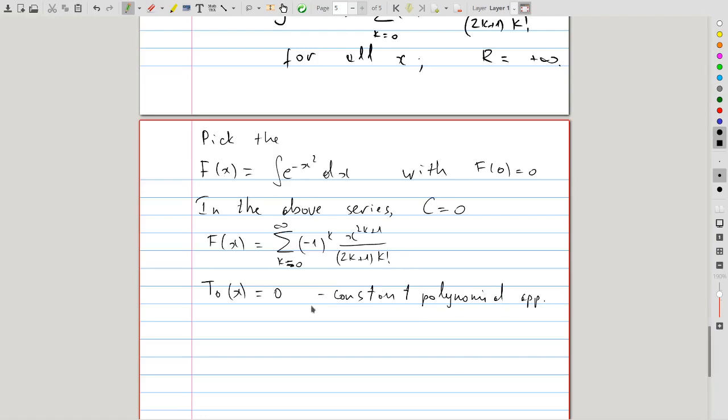So note that the indexing is a little bit off here, because if we set k equals 0 into the series, we get nonetheless a linear term.